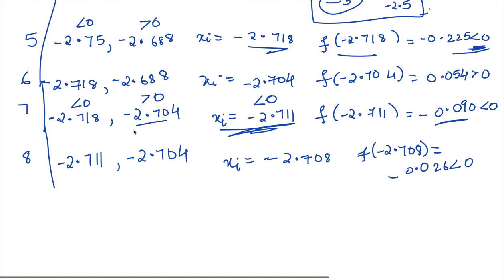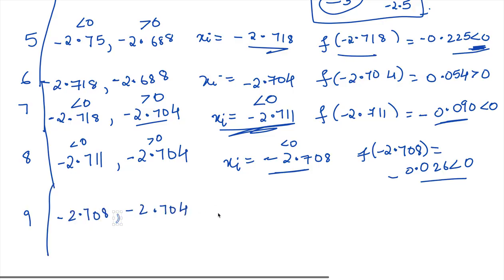So again this was less than 0, so we will take the greater than 0 one from our previous interval. So the interval is minus 2.708, less than 0, and minus 2.704.